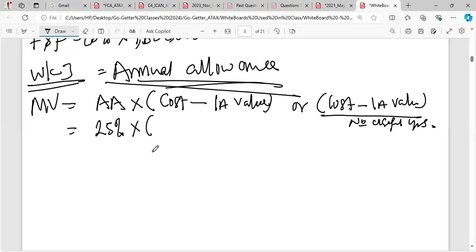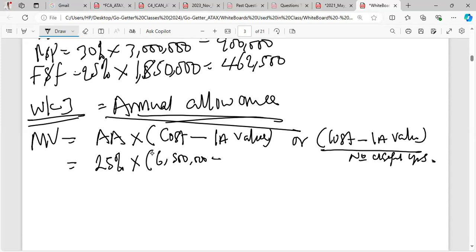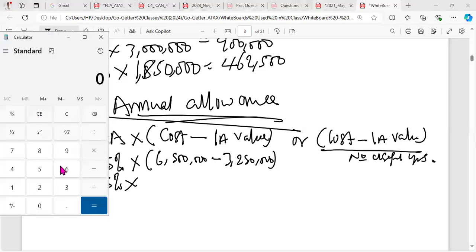The cost here is 6,500,000 minus 3,250,000.